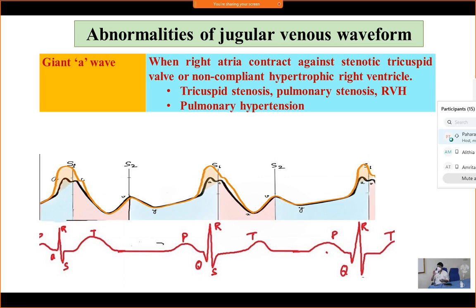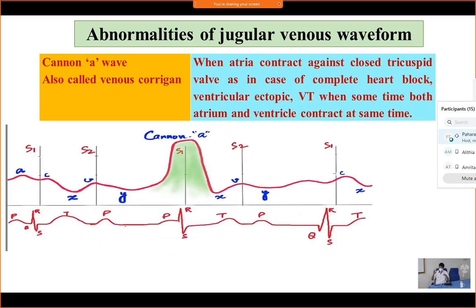Here the atria are contracting against a high pressure area. Just imagine one thing: the atria are contracting, the ventricle is contracting, and both contract at the same time due to complete heart block or some dyssynchrony between the atria and the ventricle. When the atria contract against a closed tricuspid valve, the atria will not be able to eject the blood into the ventricle, and all the blood will go back to the systemic venous system.